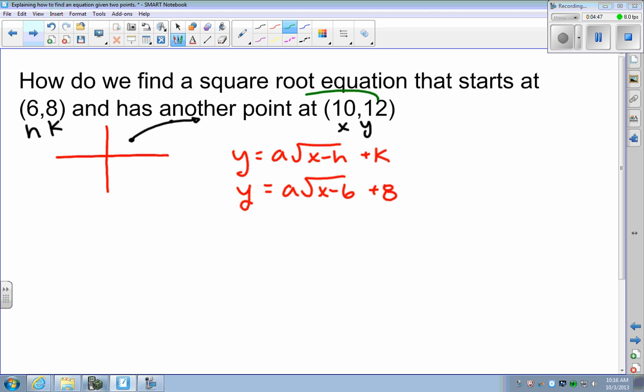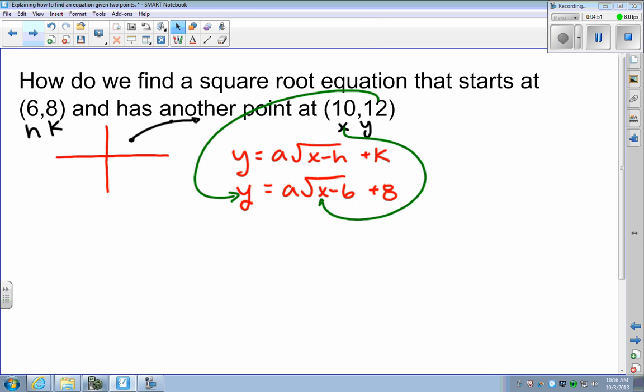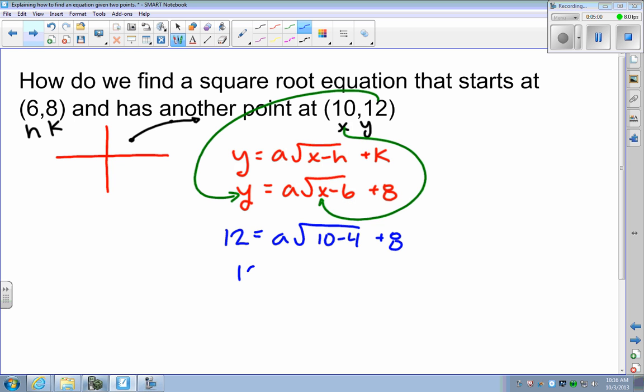They give you an X and a Y. Go plug it in, and let's solve for that A value. That shouldn't be a 4. It should probably still be a 6. Now, make sure you subtract that 8 first. Okay, you're basically solving an equation.